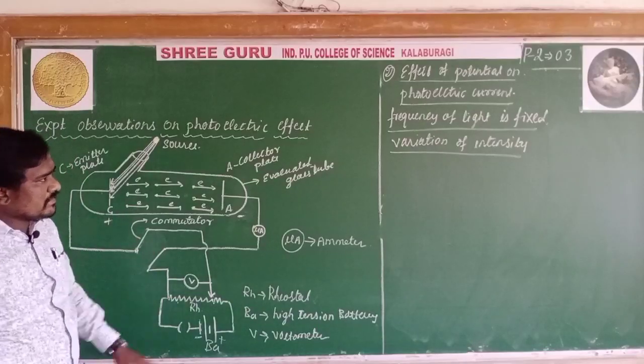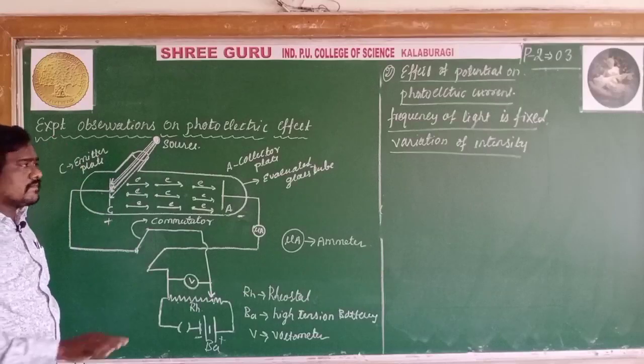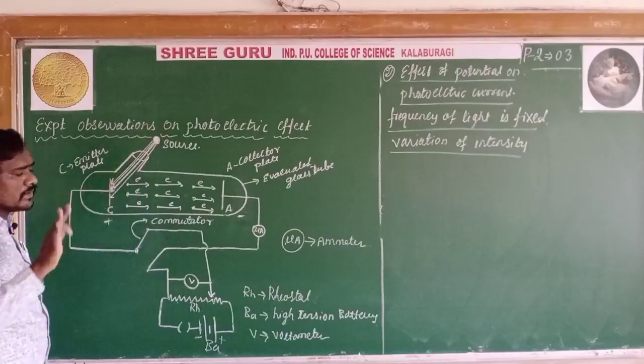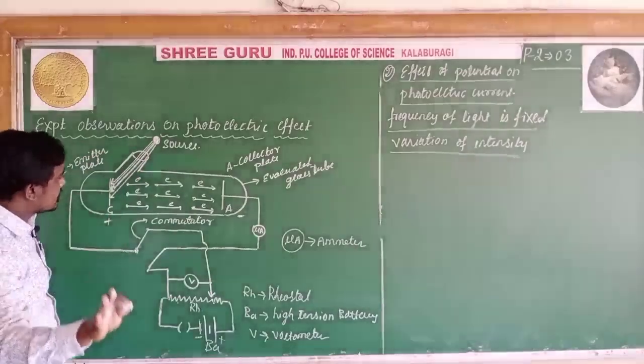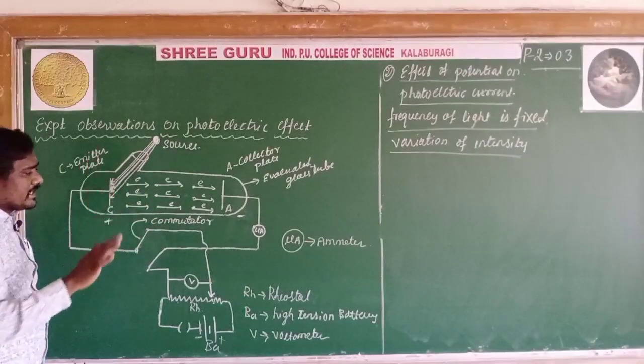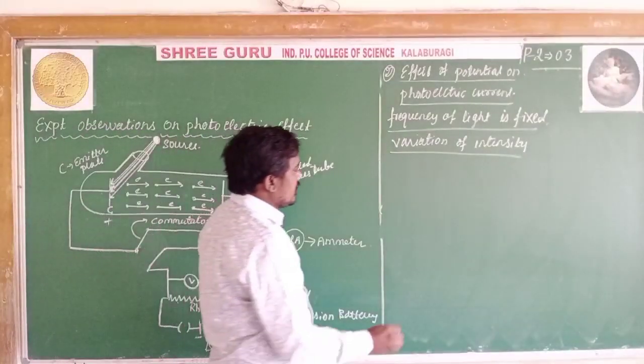Just to assume yourself, frequency is fixed, the color of light is fixed. There is an incident light, yellow color. The incident light color is yellow, frequency is fixed, intensity we are increasing, by increasing the potential difference.